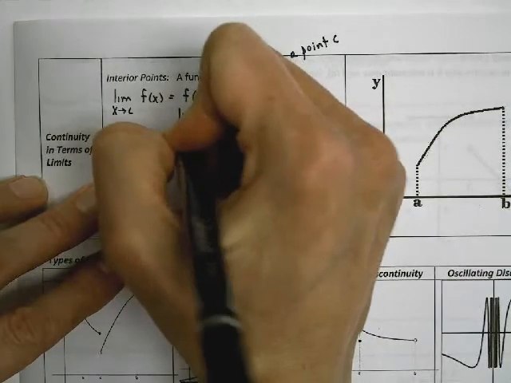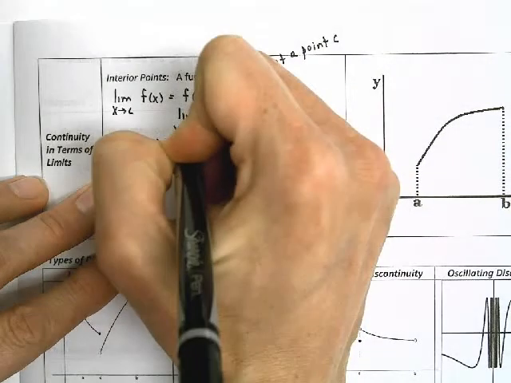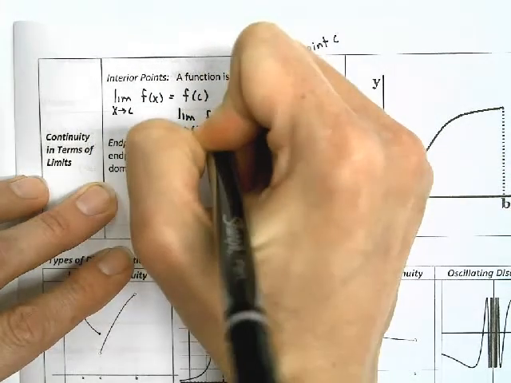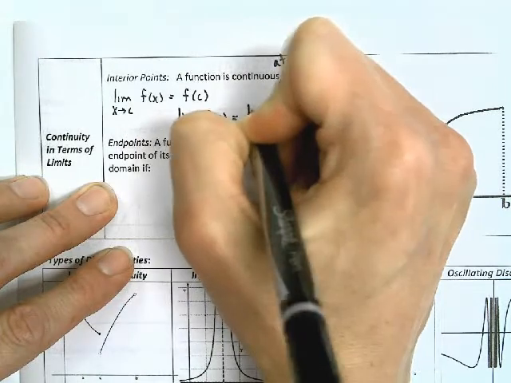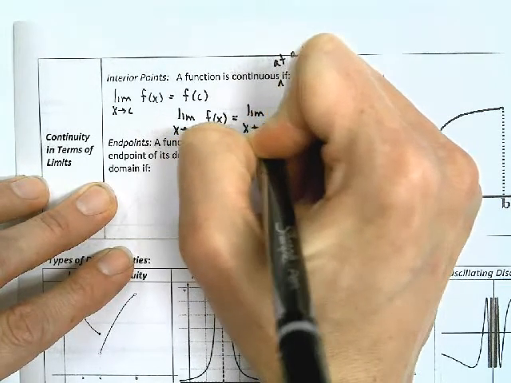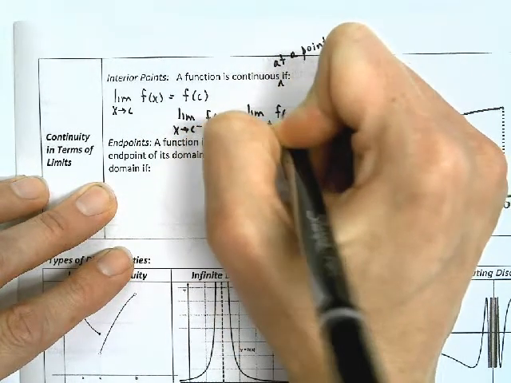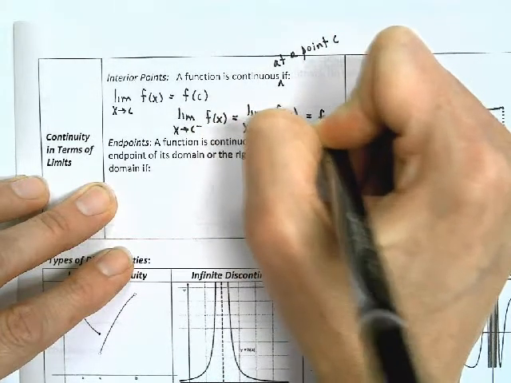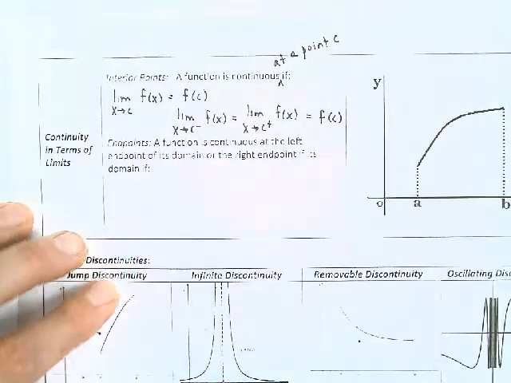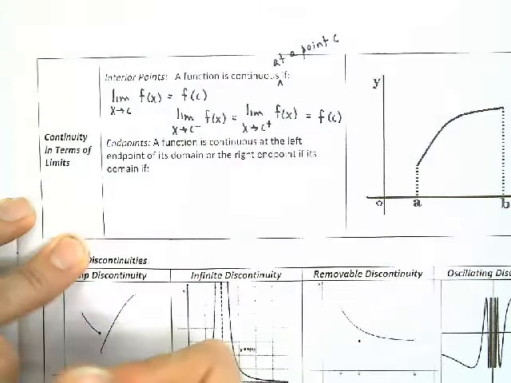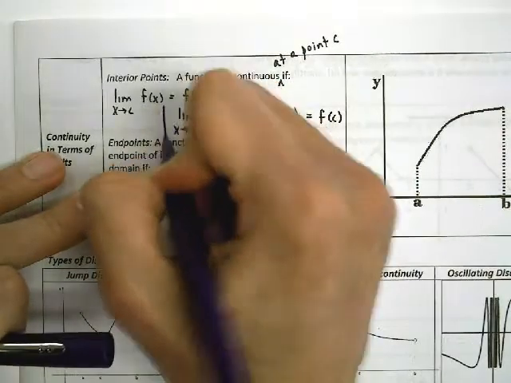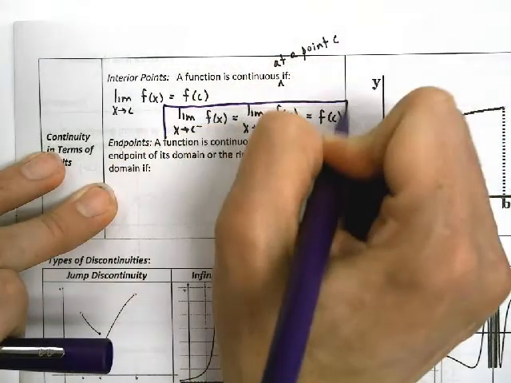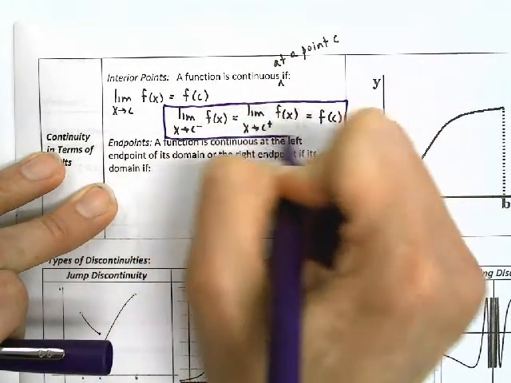For this limit to exist, I know that the limit as x approaches c from the left of f of x has to be equal to the limit as x approaches c from the right of f of x, and that has to be equal to f of c. So there is our definition, our criteria for a function to be continuous.